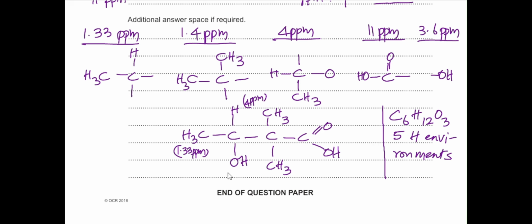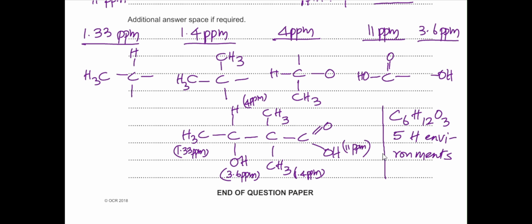This OH group is 3.6 ppm. This CH3 with 6 hydrogen atoms and next to 0 hydrogen atom is 1.4 ppm, this and this, and finally the COOH group is 11 ppm.